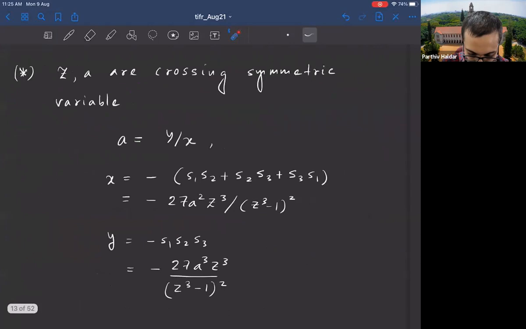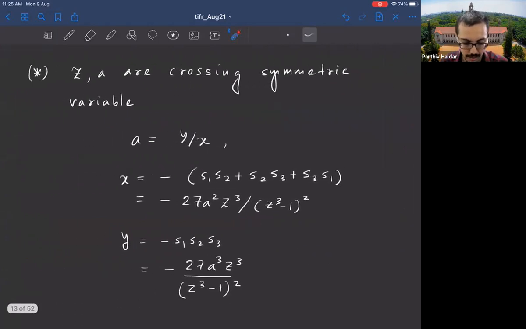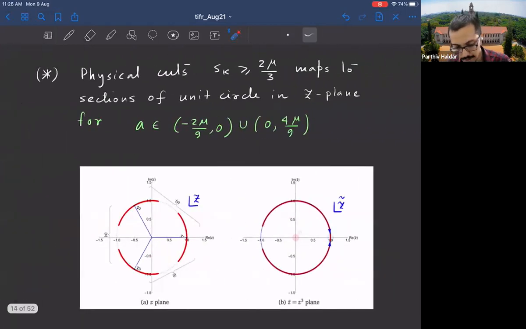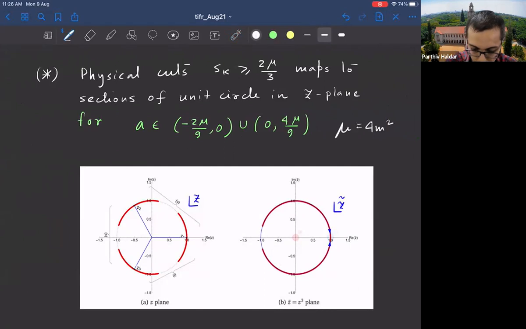Yeah. Okay. So these are the crossing symmetric combinations. That's how x and y are related to z. So under this mapping, what happens is that the physical cuts, recall mu equal to 4m square, yeah, mu equal to 4m square.